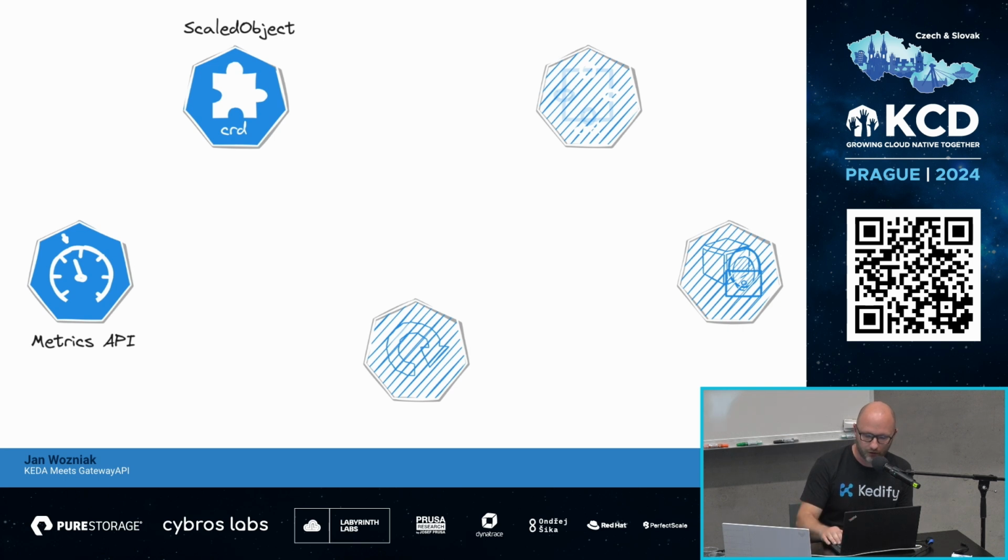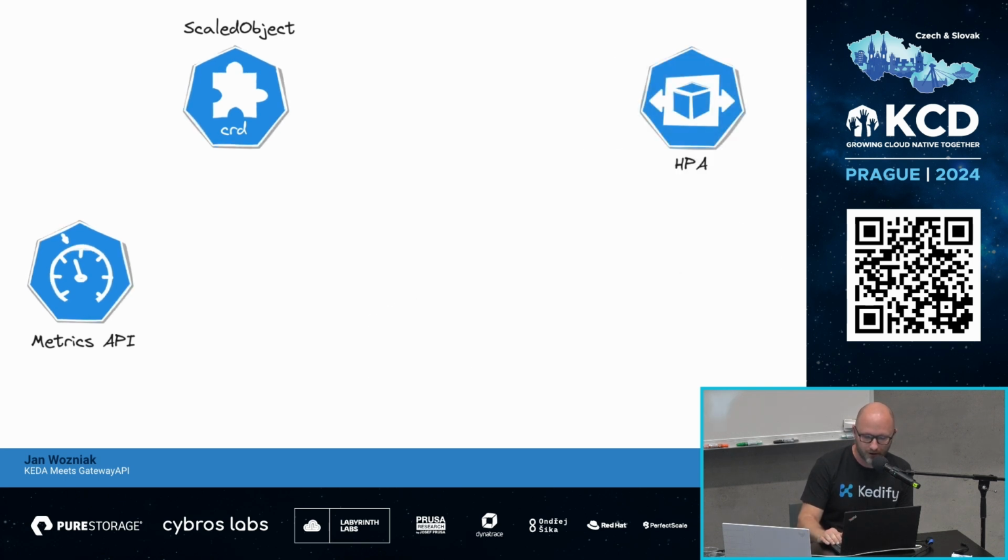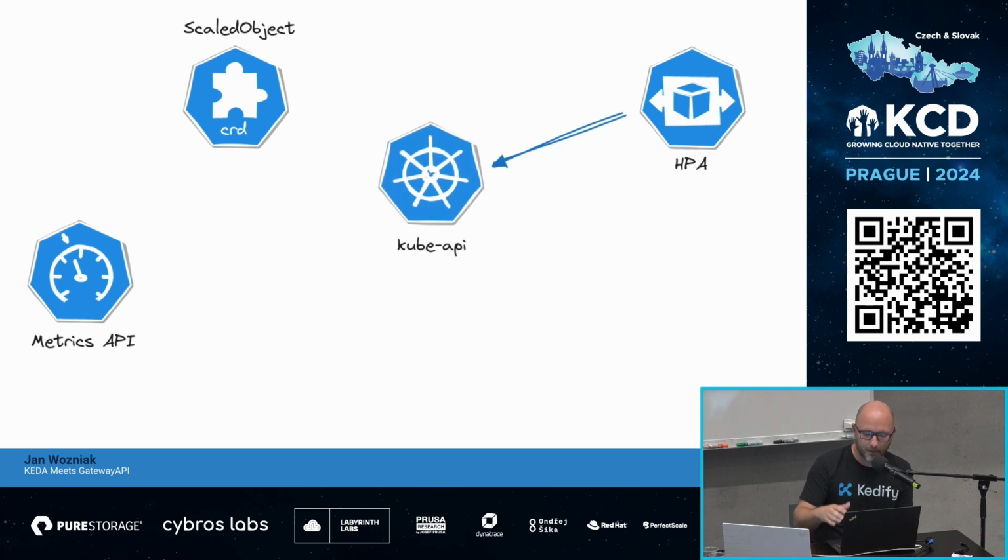That's an adapter that implements the metrics API in order to be plugged into the aggregation layer of Kube API. So you have your HPA. HPA is interested about certain metrics for your workloads. So it knows how to scale up or down.